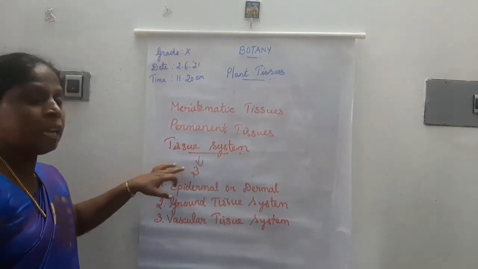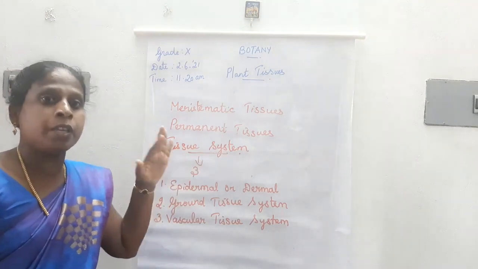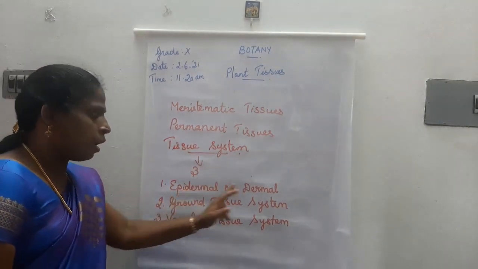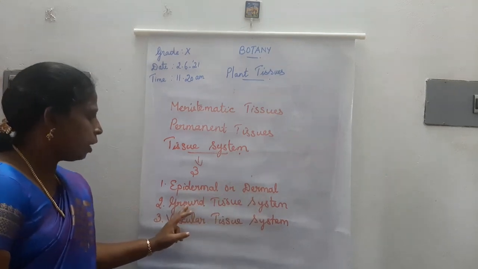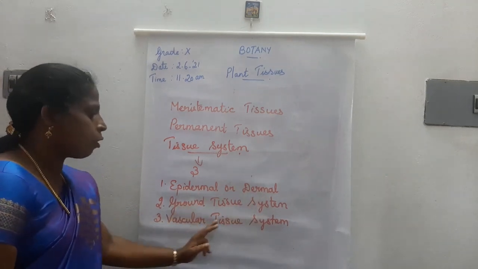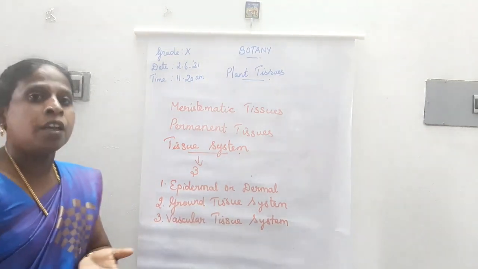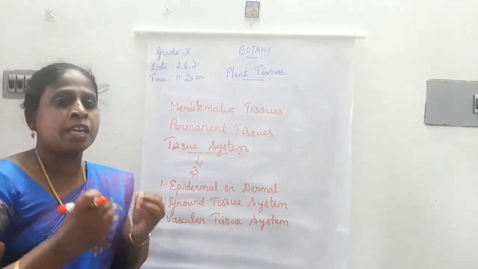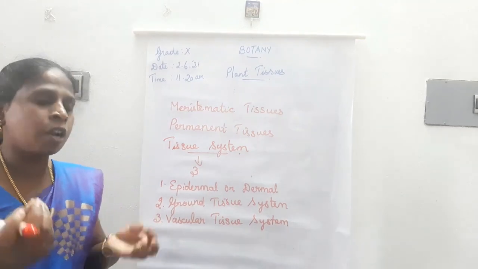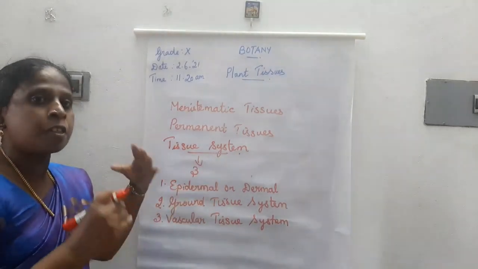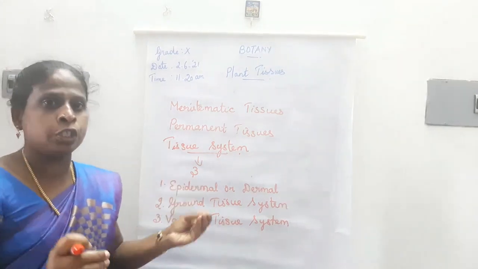So the three main basic tissue systems in the flowering plants are epidermal or dermal tissue system, ground tissue system, vascular tissue system. When we take the cross section of the flowering plants, either it is stem, root or leaves, we can see these three regions. See, it is made up of different types of tissues.